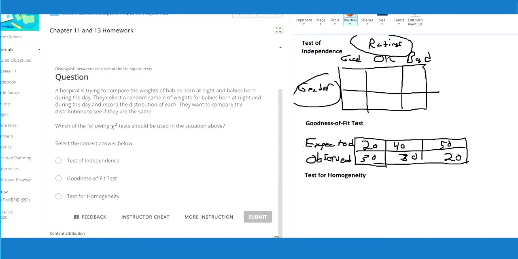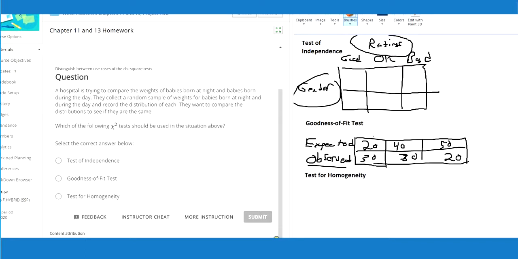You could test and see whether your observed numbers, the data you actually collected, are different enough from this expected amount. Those numbers are certainly different right now, but they might be close enough to the expected amount that we can't say it with certainty. That's why we use statistics. So that's a goodness of fit test when you compare your observed amounts to your expected amounts.